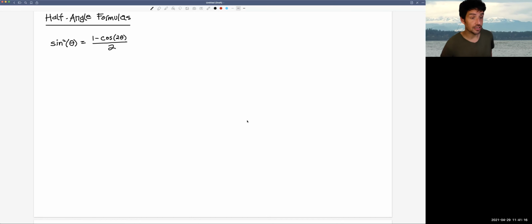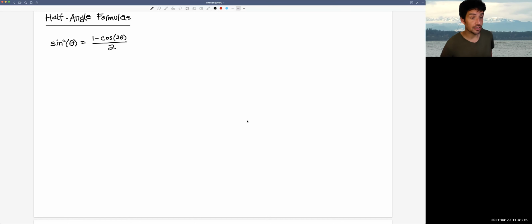We can use those double angle formulas to make two other half-angle formulas in exactly the same way. So cosine of alpha over 2 looks like plus or minus the square root of (1 plus cosine alpha) over 2, and tangent of alpha over 2 is equal to plus or minus the square root of (1 minus cosine alpha) over (1 plus cosine alpha).